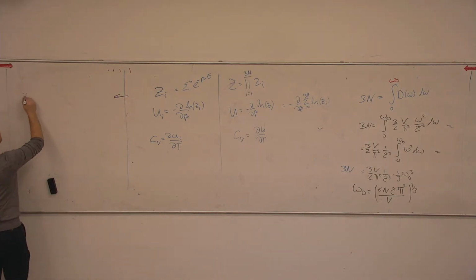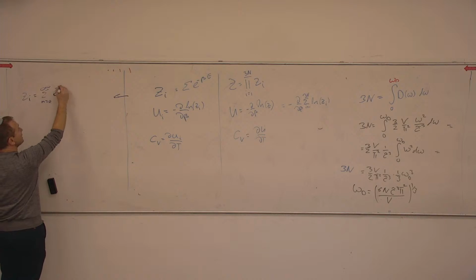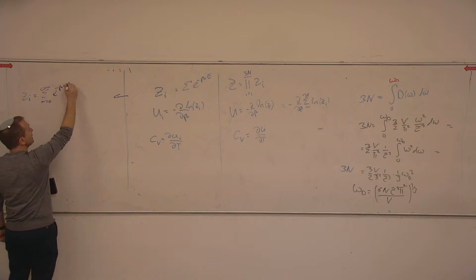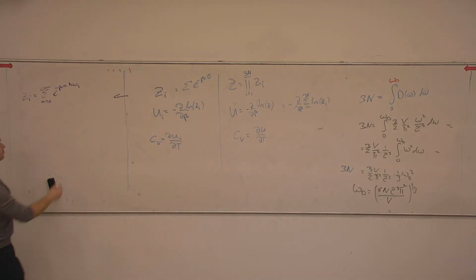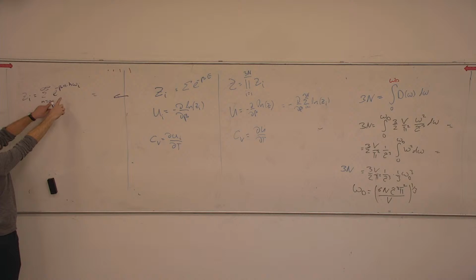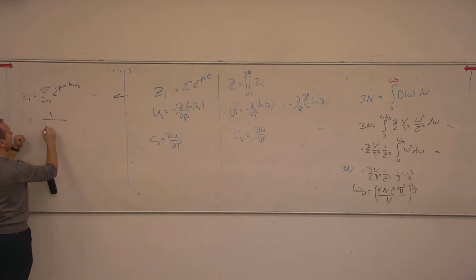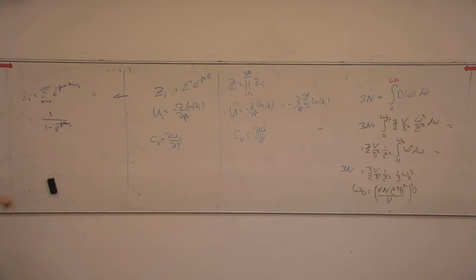So Zi equals a sum, n goes from 0 to infinity, of e to the power minus beta n multiplied by h omega i. Now we already know what this sum equals, because it's a geometric sum. So it equals 1 over 1 minus e to the power minus beta h bar omega i. So we know what Zi is.